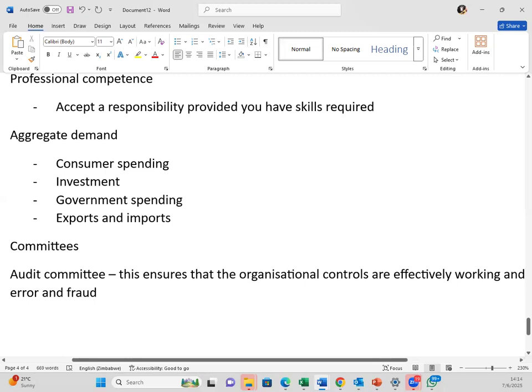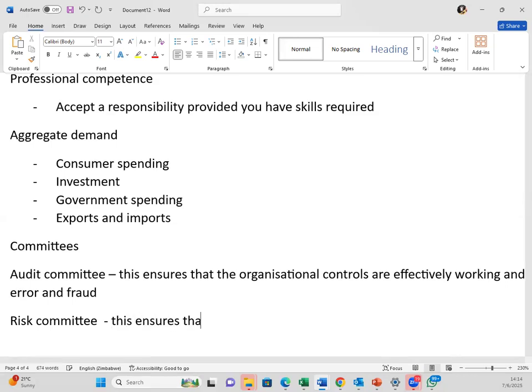Then besides the audit committee, we have the risk committee. This ensures that the organization has a sound system to avoid risk.